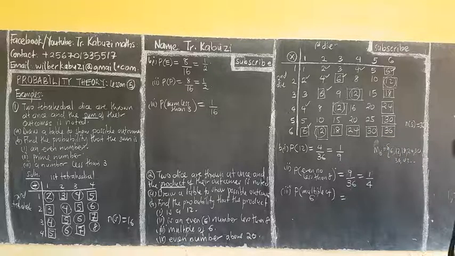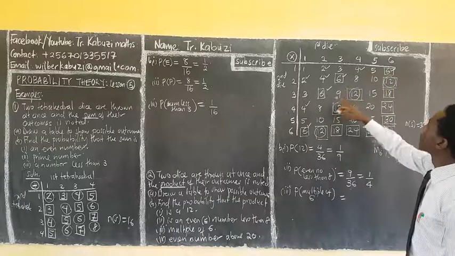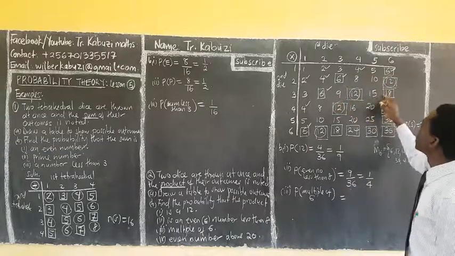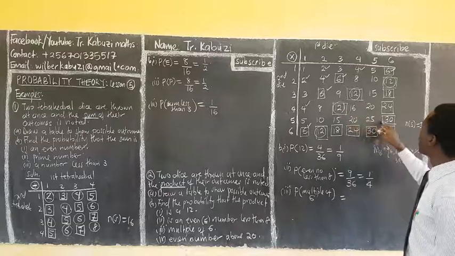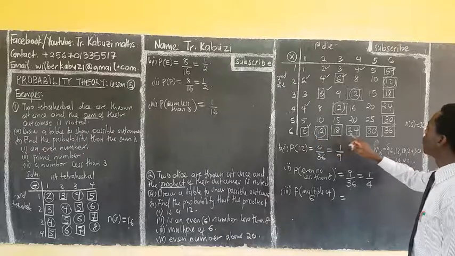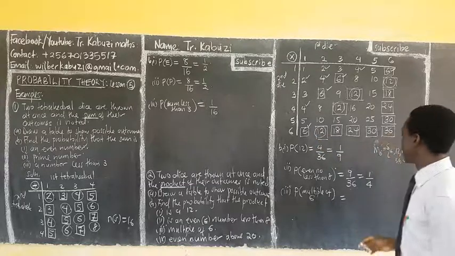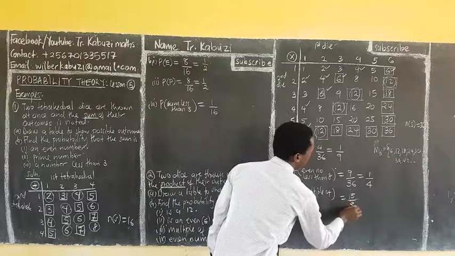No. So now we count them: 1, 2, 3, 4, 5, 6, 7, 8, 9, 10, 11, 12, 13, 14, 15. So then they are 15 over 36.